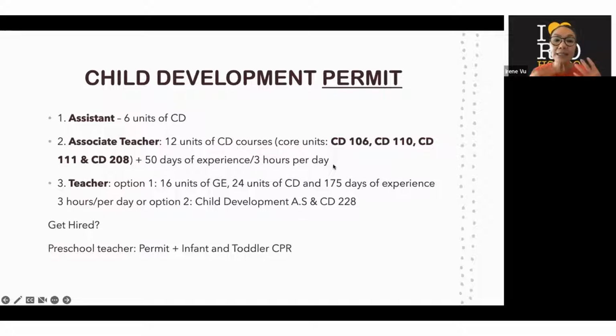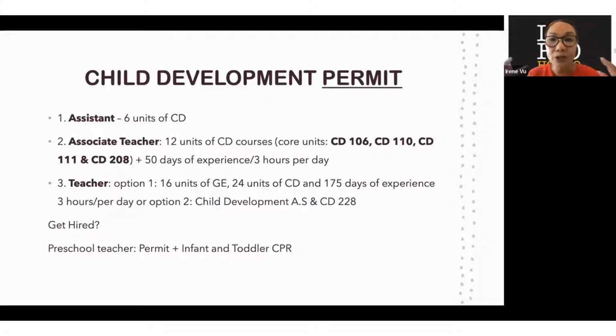Now, besides the degree and certificate we have, I'm going to talk about the permit. A lot of you were wondering what a permit is versus a certificate. We offer degrees and certificates here at Rio Hondo, meaning that once you finish your major requirements, you graduate with an associate degree.